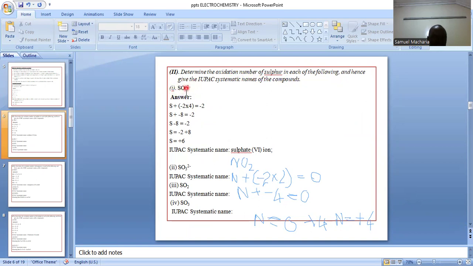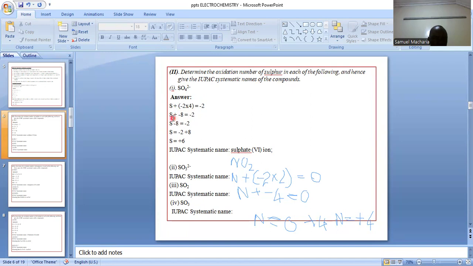For example, in the sulfate SO4 2 negative, the working is there: sulfur S plus, into bracket, the oxidation number of oxygen is -2 times 4 because there are 4, close the bracket, equals the charge, which is -2. -2 times 4 is -8.